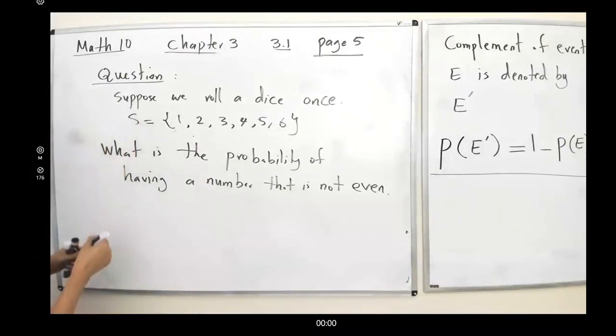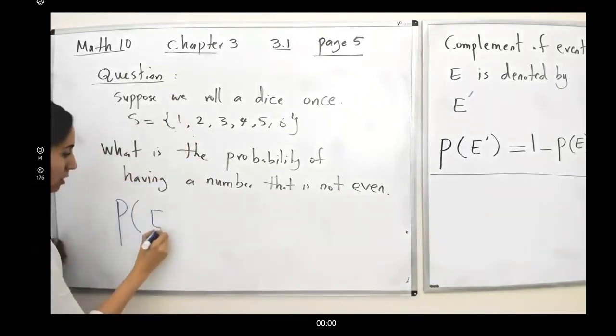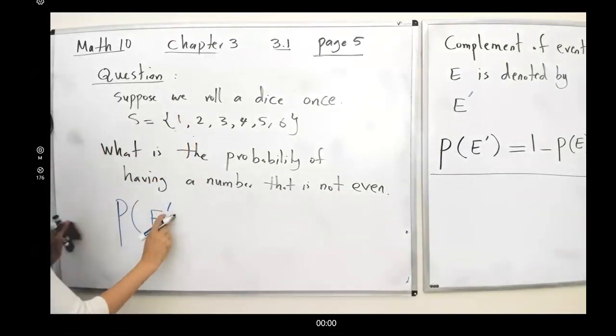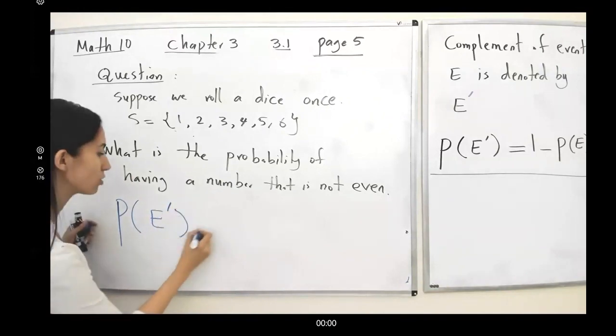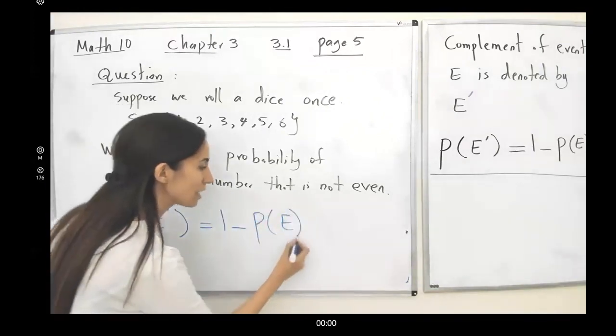The probability of not even equals 1 minus the probability of having an even number.